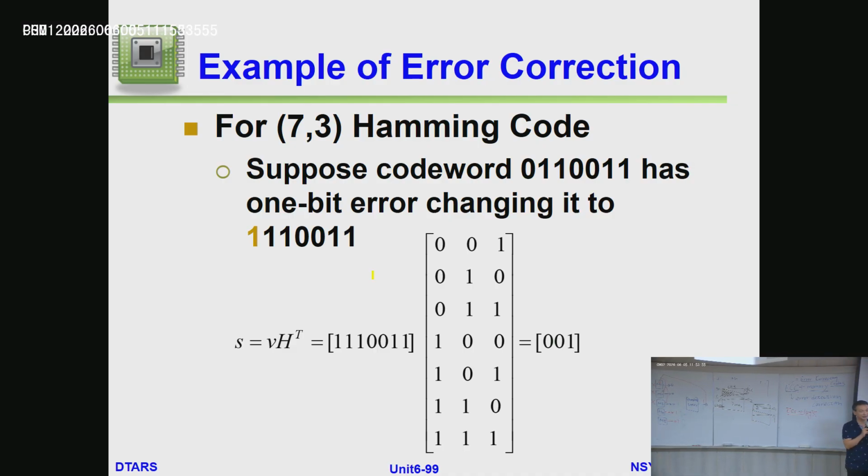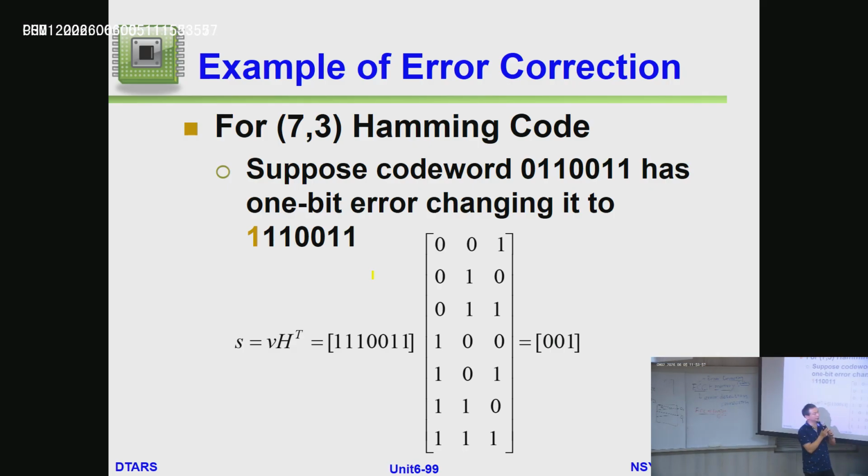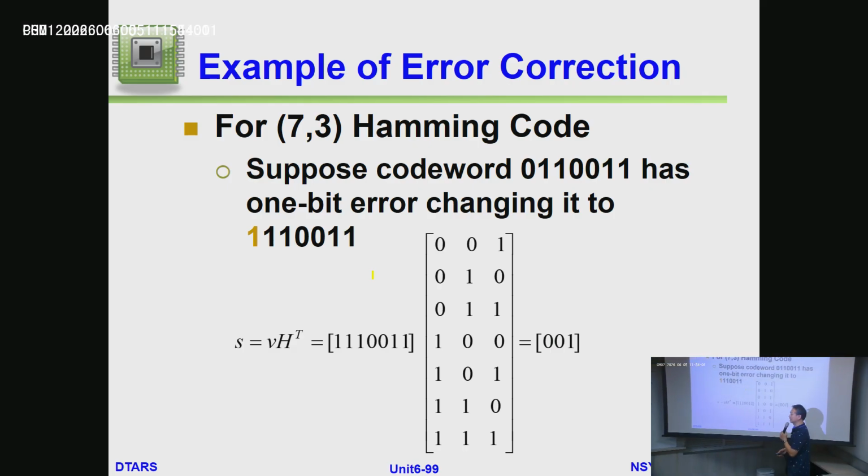So let me summarize the procedure again so that you can use the next page exercise to practice. This is the memory data you stored in the memory. If we want to check if this is correct or not, we multiply it by the matrix to see if the result is 0. If this is not 0, then we say there are some errors here.